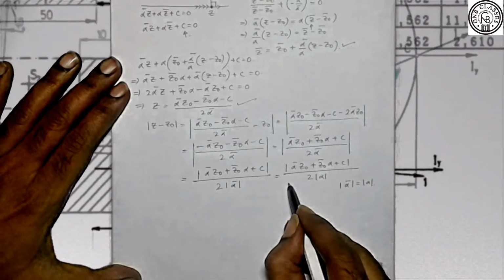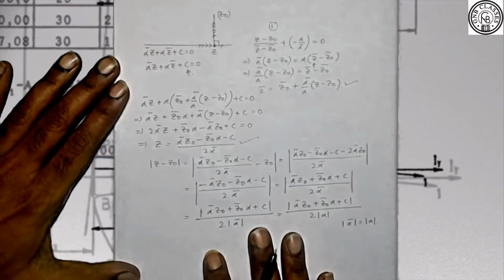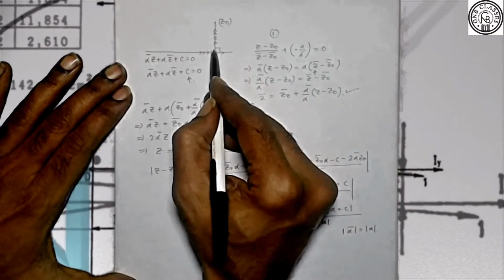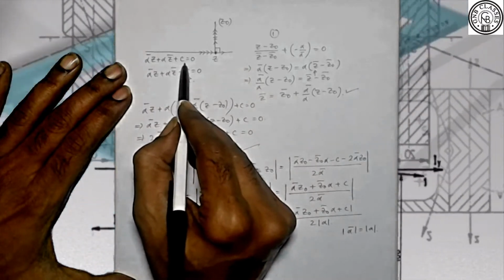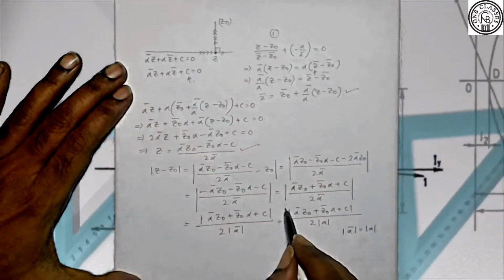Therefore, the perpendicular distance from the point Z0 on the line alpha bar Z plus alpha Z bar plus C equals 0 is nothing but this thing.